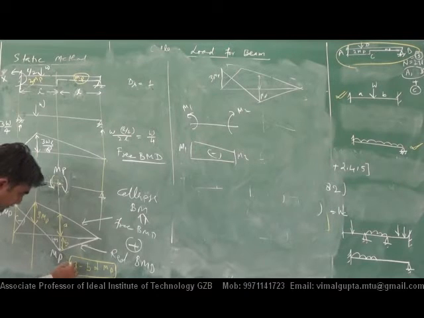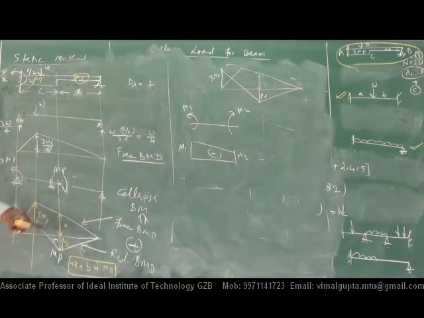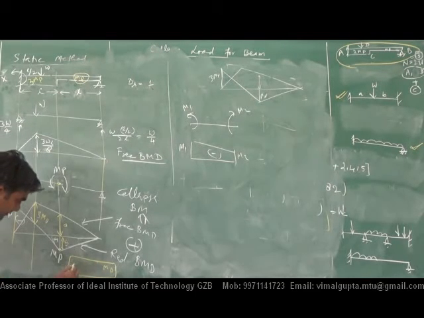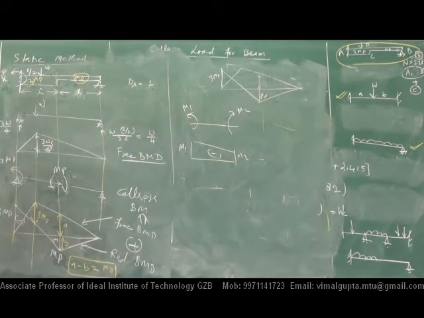A is of minus sign, this is of plus sign, that will be equal to MP. We have been doing it this way. Okay, no problem. A minus B equals MP. Clear? Clear to everybody?